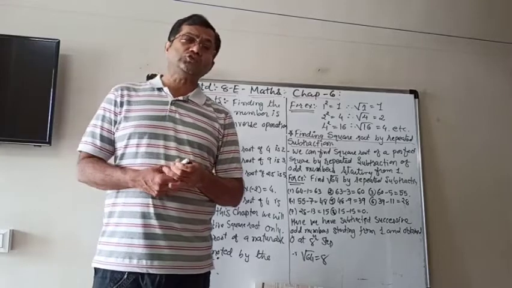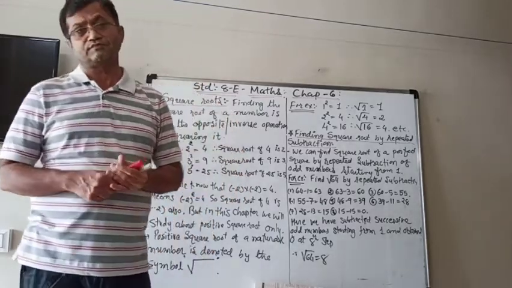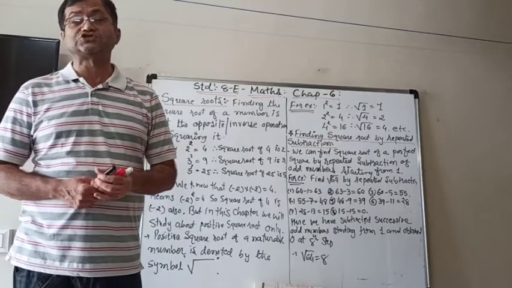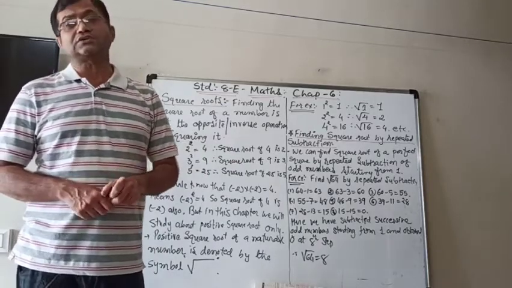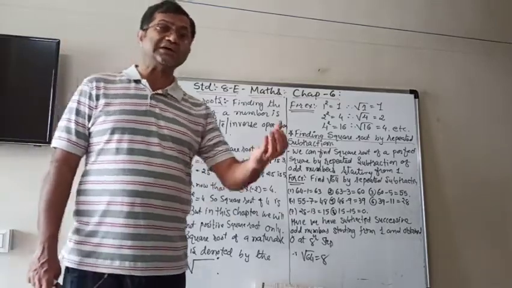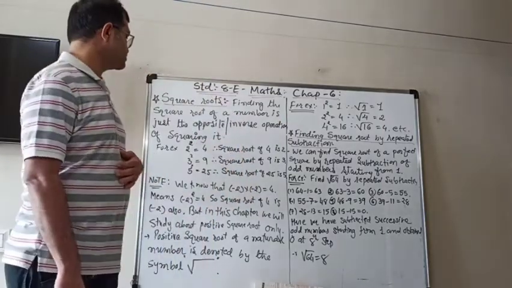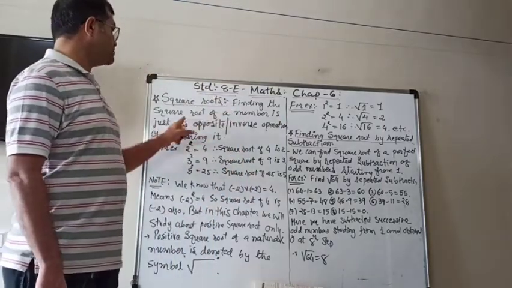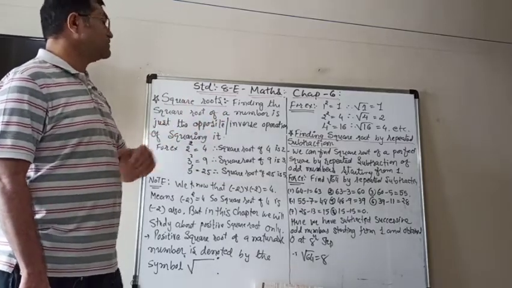But now we have to go in the reverse direction, that is the square root. Square root is the reverse or inverse process. Finding the square root of a number is just the opposite or inverse operation.